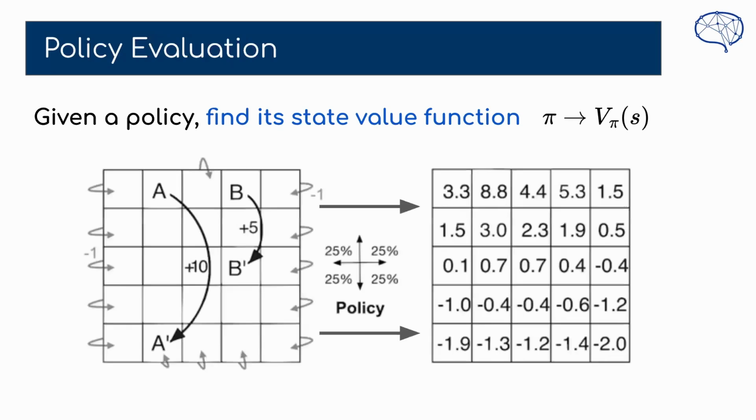So let's say we just have a uniform random policy. You can use this policy to compute values. So assuming that you're following a uniform random policy for all states, these are the values that you're going to get at the end, and we're going to go through how to do that.